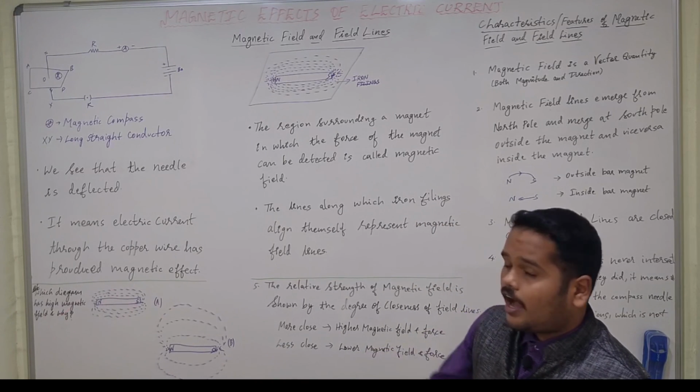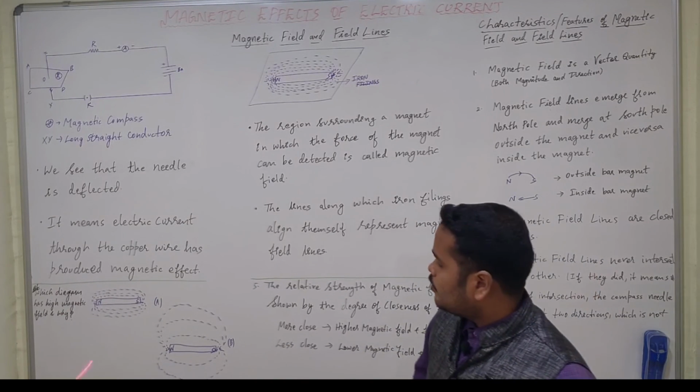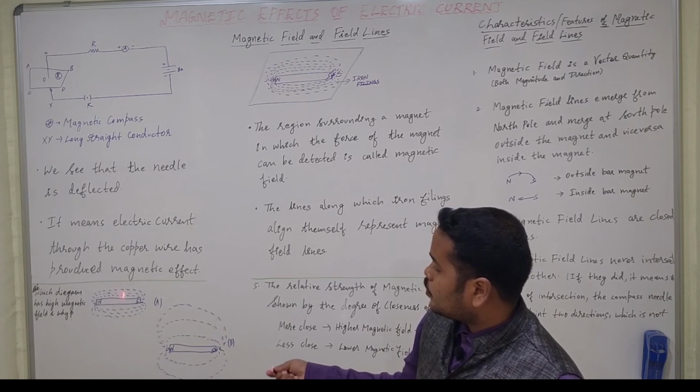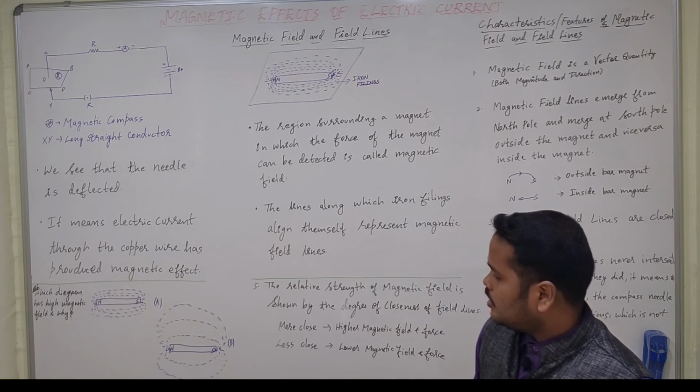Option A has a higher magnetic field. Why? Because the magnetic field lines are closer and they are crowded.